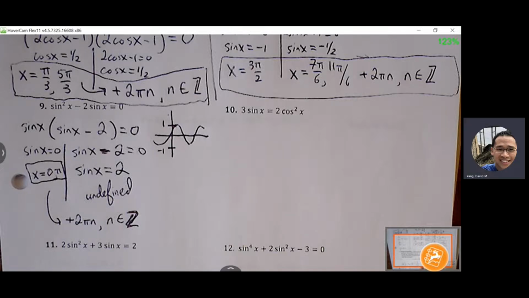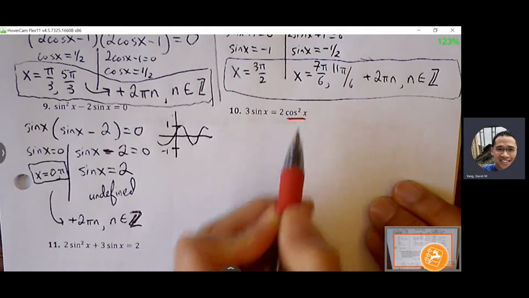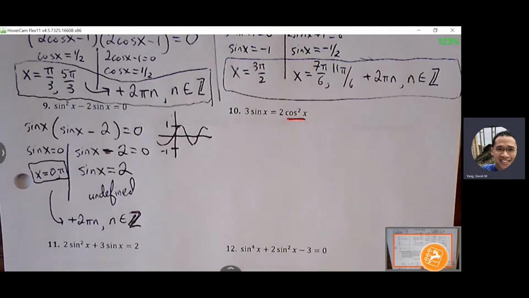Trig identities. Okay. What can we do with one of them? Which one is easier to change? The Pythagorean identity, right? Sine squared plus cosine squared equals 1. Rearrange that equation and find a replacement for cosine squared x.